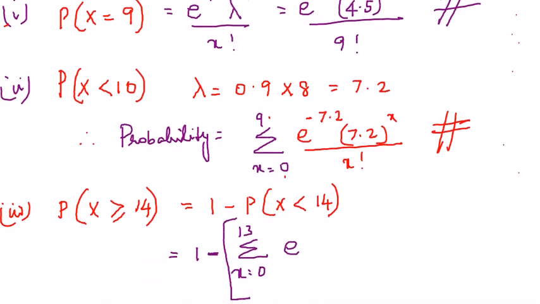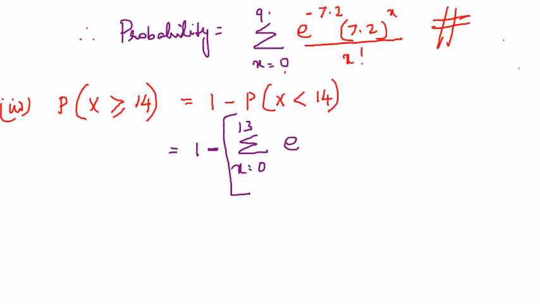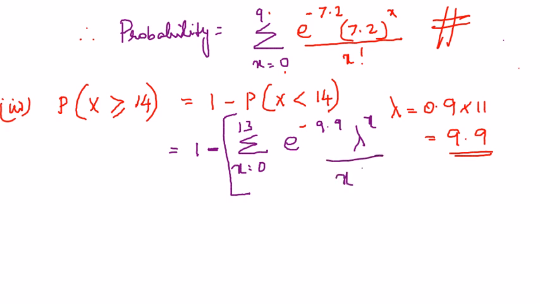So let's find out lambda first. So lambda is going to be 0.9 into 11, so it's going to be 9.9. So let's substitute that over here into the formula. Minus 9.9, lambda power x by x factorial, where x is going to take the values between 0 to 13.